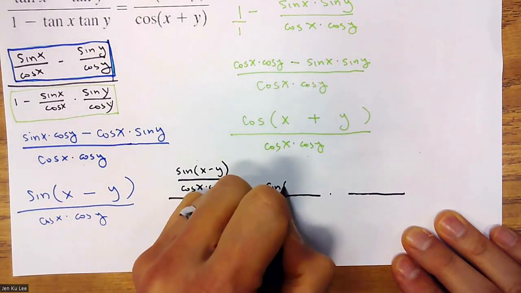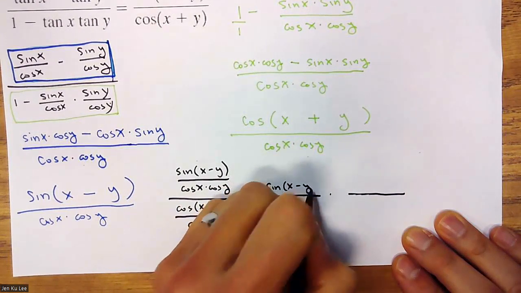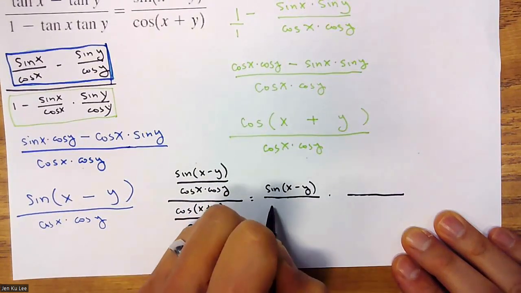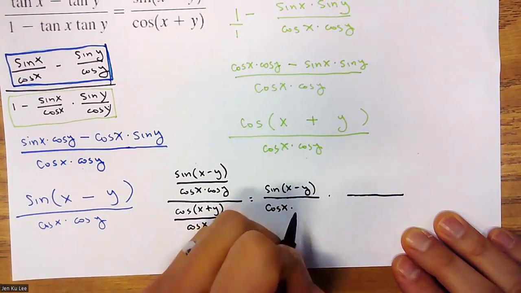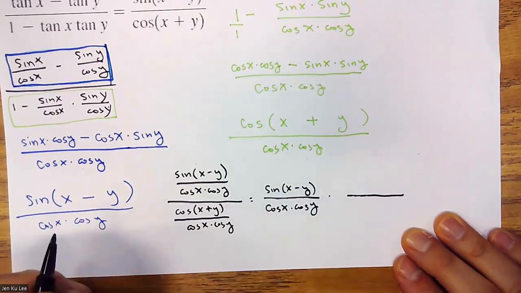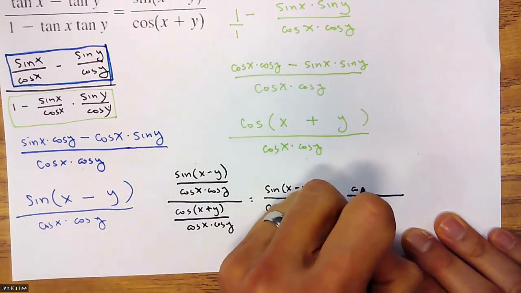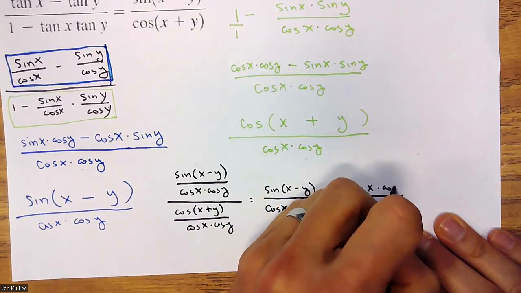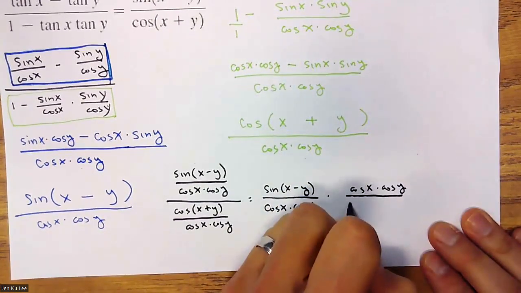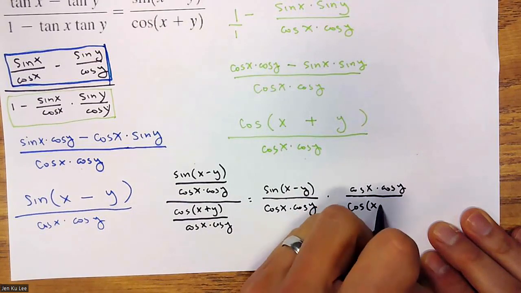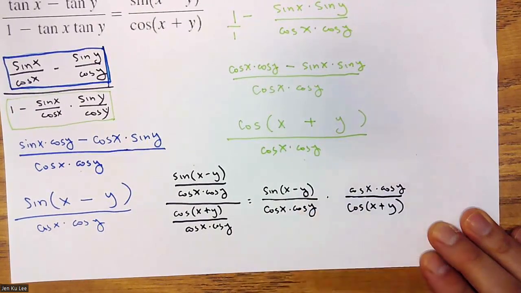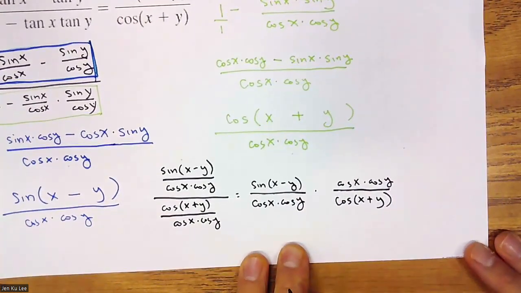So that's sine of x minus y over cosine of x times cosine of y, times cosine of x times cosine of y over cosine of x plus y.